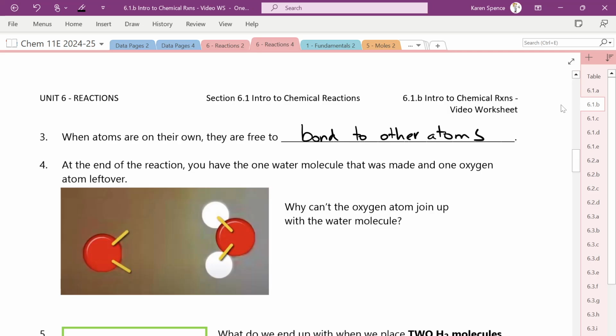At the end of the reaction, you have one water molecule that was made and one oxygen atom left over. Why can't the oxygen atom join up with the water molecule? Tell your partner what you think.